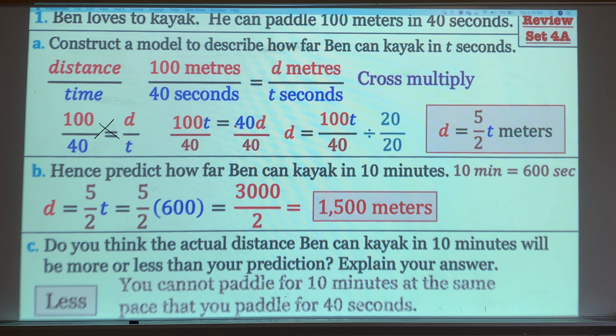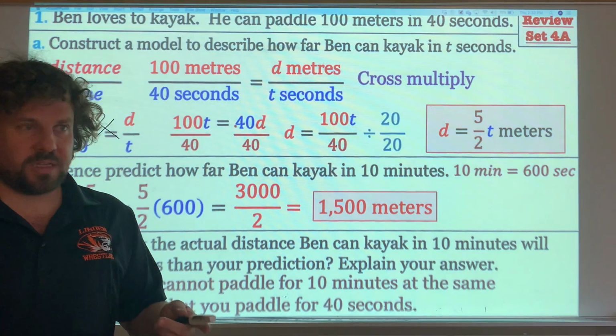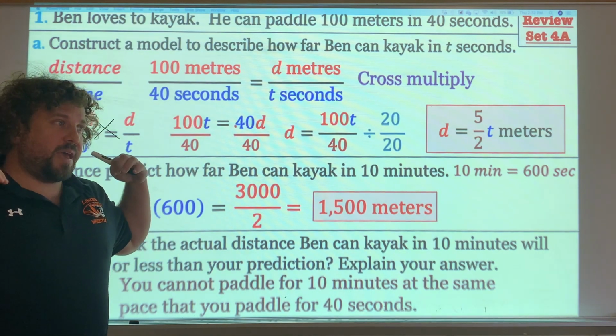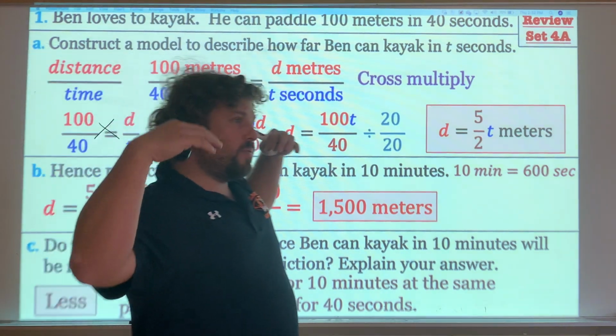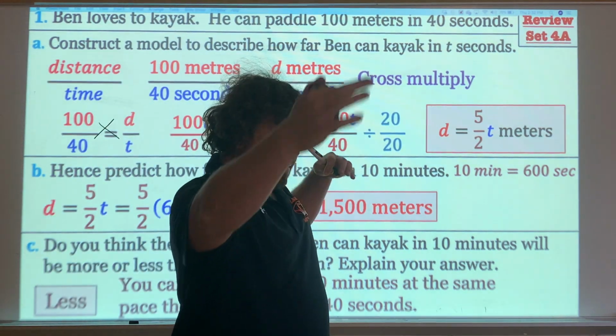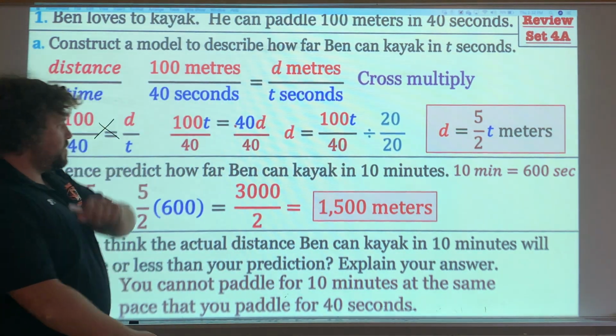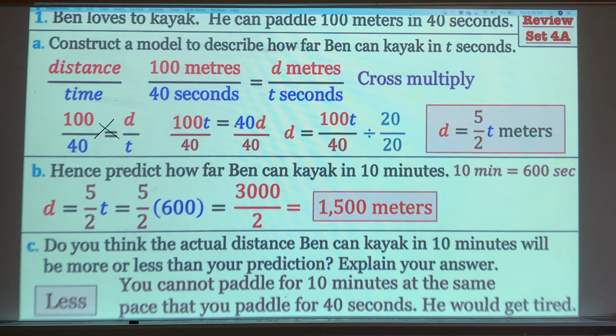Because he gets tired. You can't paddle for 10 minutes at the same speed that you paddle for 40 seconds. The longer you paddle, the less speed you go. It's like a sprinter can't run a mile at the same pace they run 400 meters or even 100 meters. Common sense, you get tired.